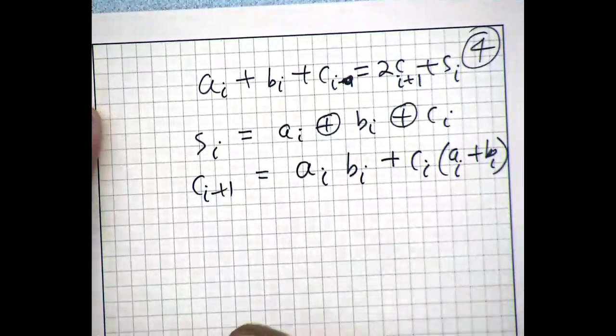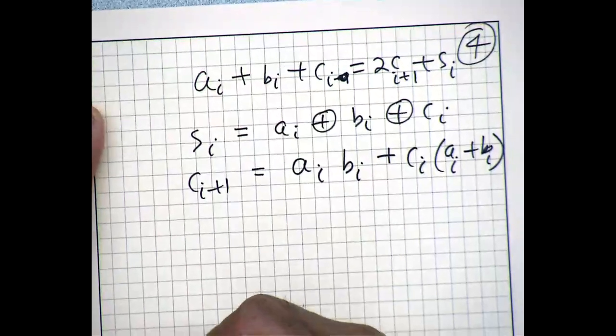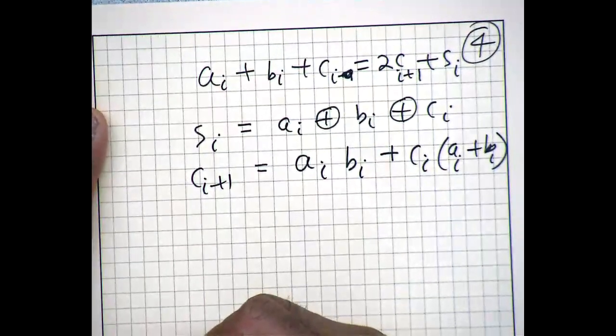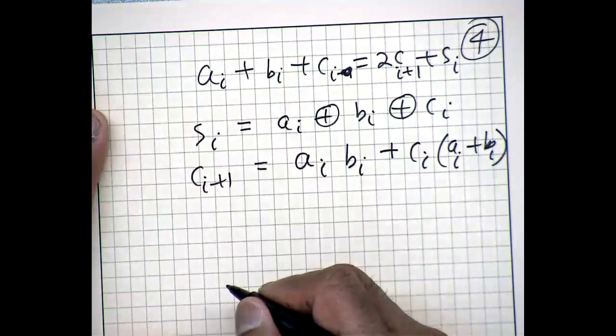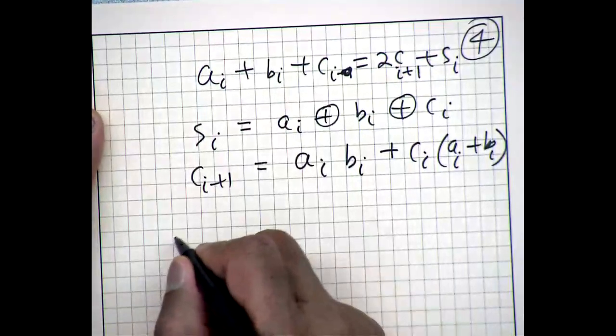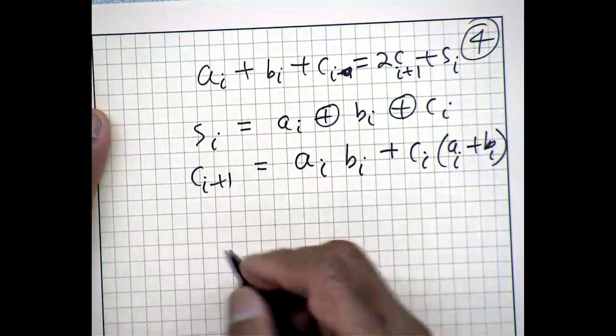So the way we compute fast adders is we go through a process called PG logic, carry propagate and carry generate.